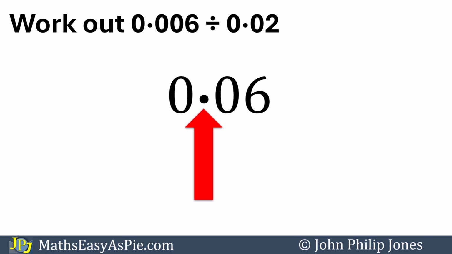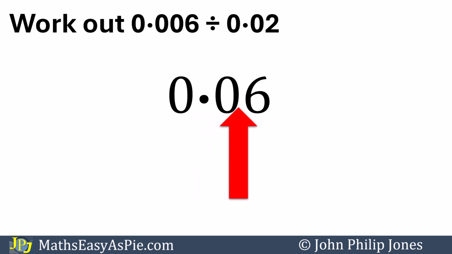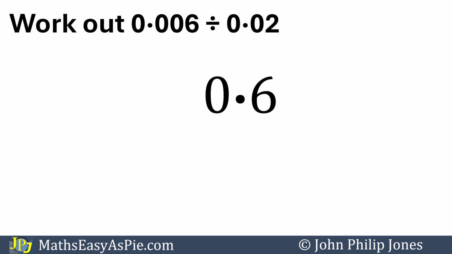Now if I multiply this number by 10, the decimal point is going to move to here and the number will become 0.6. Now we can see the decimal point is now in this position, and I'm going to multiply it by 10 again, in which case the decimal point will move to here and the number will become 6.0. Now we can simply write this number down as you see here, 6.